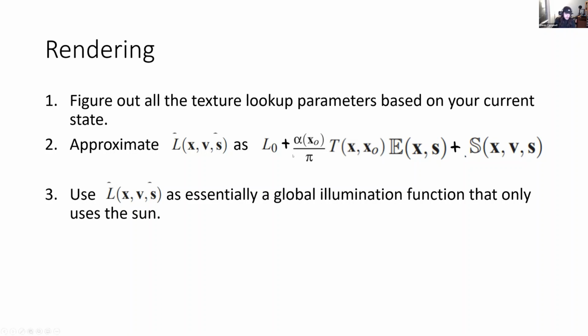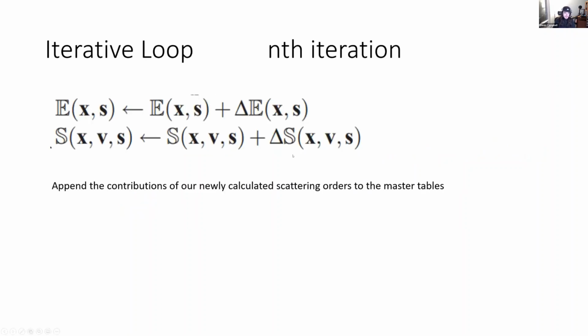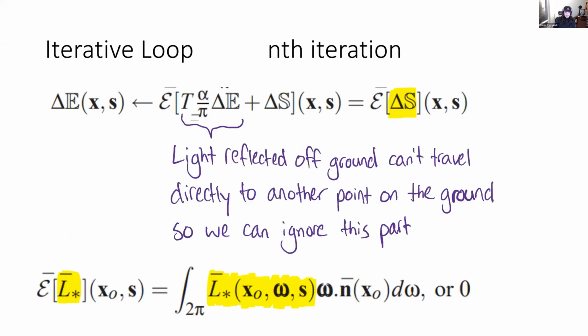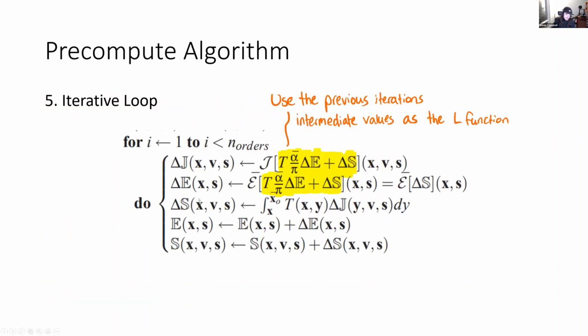And yes, to this question, the master tables are all part of the computation. So back to here, for each iteration, we calculate the delta table, which is how much we're adding on to that master table. And then we update the master table with that delta. The reason we separate these out is because we only want to calculate the new value of in-scattered light and ground irradiance using just the delta of the previous iteration, because we're adding on to it every time.